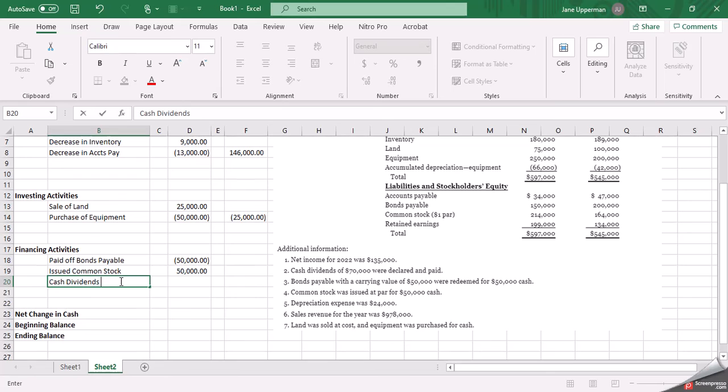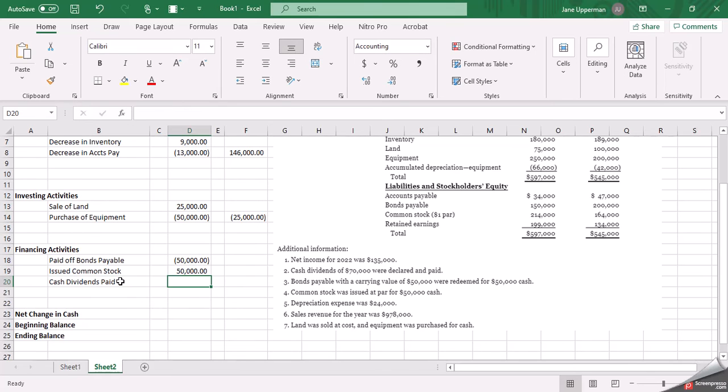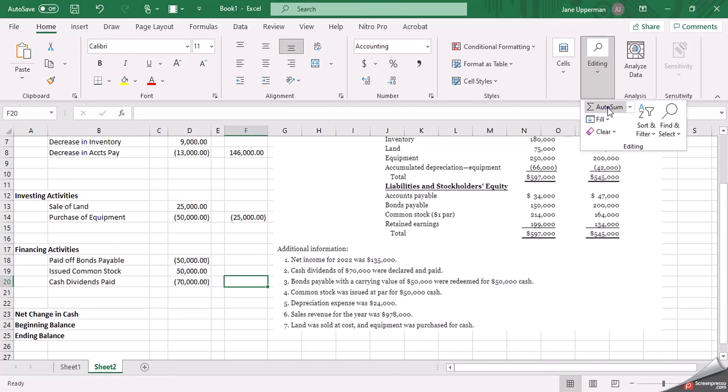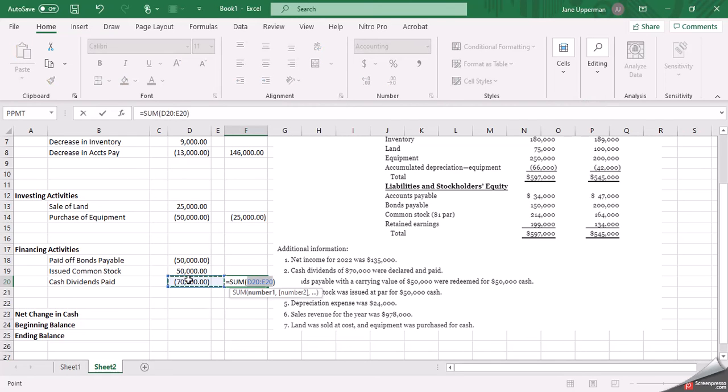So we have cash dividends paid. That's a use of our cash, so that's negative 70,000. Okay, so then that should be it for our financing activities. So now we will sum these.